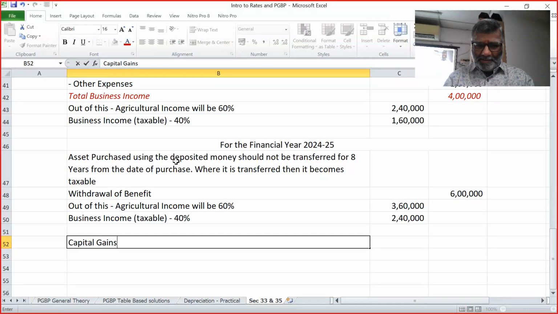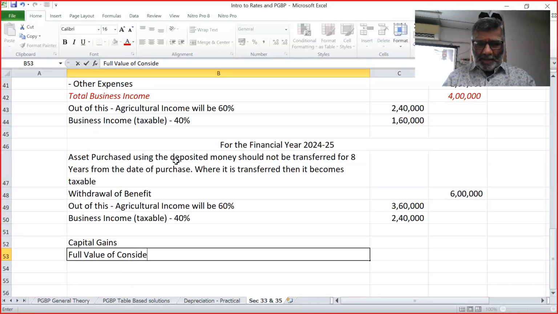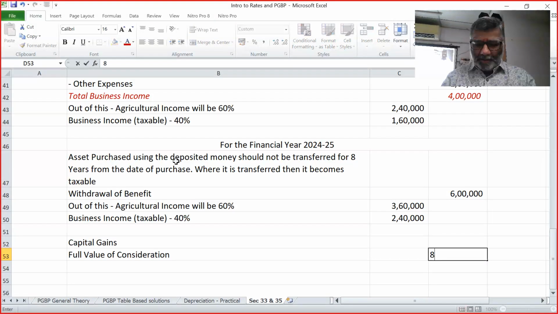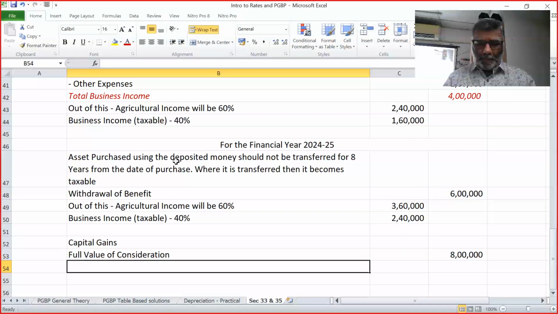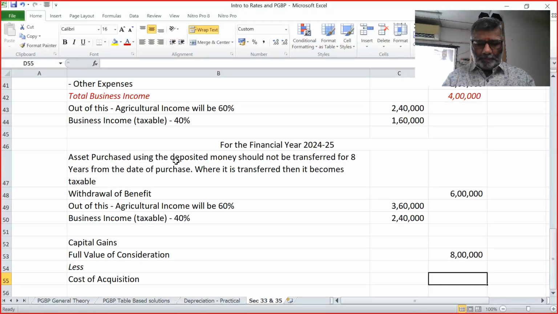Capital gains, that 2 lakhs. Capital gains will be full value of consideration 8 lakhs less cost of acquisition 6 lakhs.